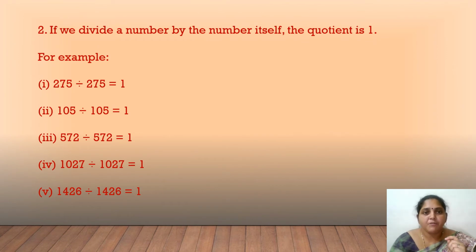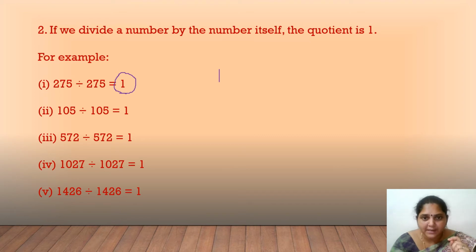Now, if we divide a number by the number itself, the quotient is 1. For example, 275 divided by 275 is equal to 1 only. As I told you, any number you take, if you take the same number as your divisor, you will be getting your quotient as 1.